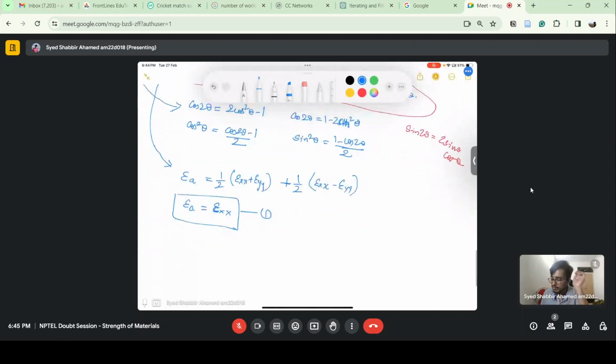Then we take the normal strain in direction B, where theta is 60 degrees. So 1 by 2 (epsilon xx plus epsilon yy) plus 1 by 2 (epsilon xx minus epsilon yy) cos 2 theta plus gamma xy by 2 sin 2 theta.